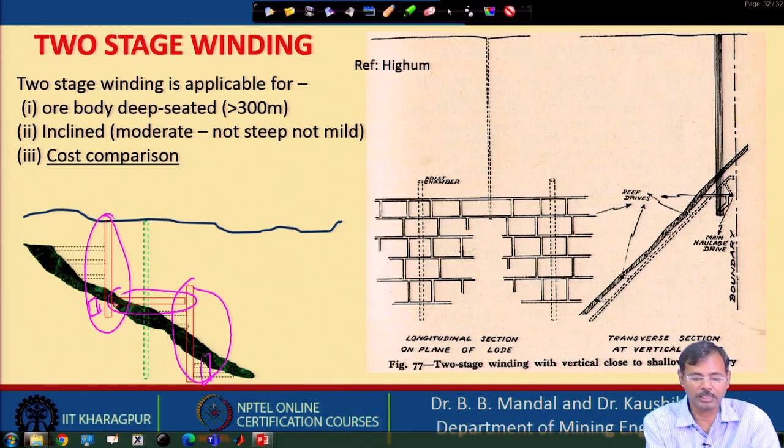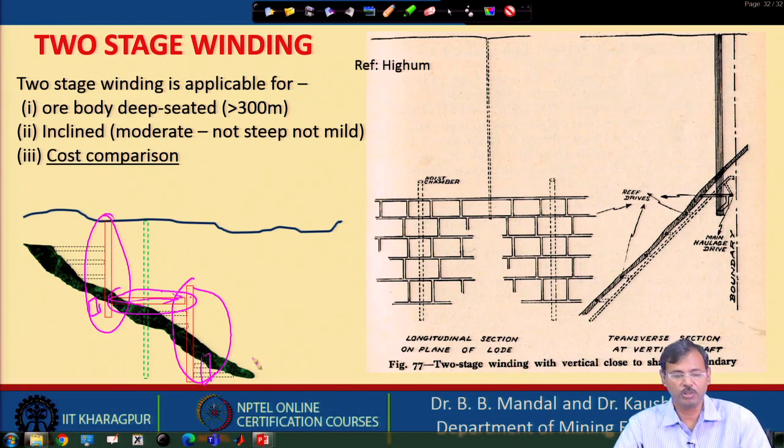So, whatever cycle time is required for the material movement from this shaft to this shaft is not hampering the cycle time of the operation. So, that is why this is not coming within the hoisting time. So, that is why it is not to be considered.